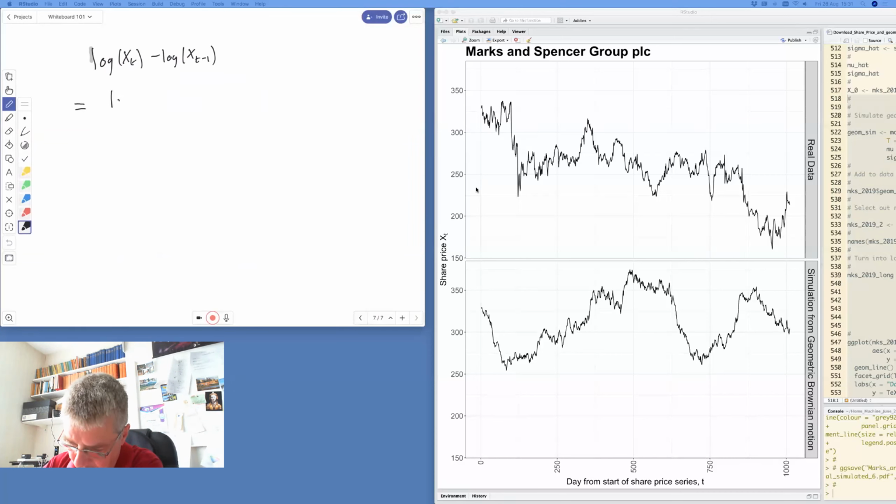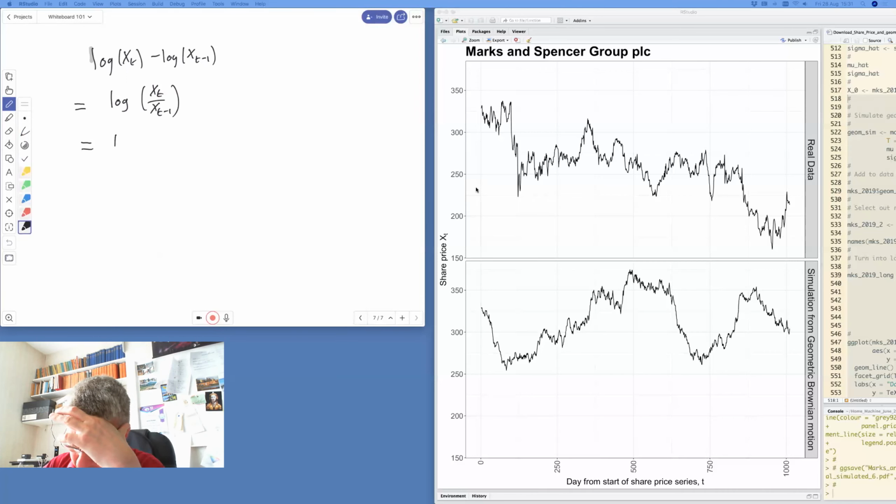I can write that as the log of xt over xt minus 1. That's because the log of a ratio is the difference of the logs, and that's an important and useful feature of the logarithmic function.